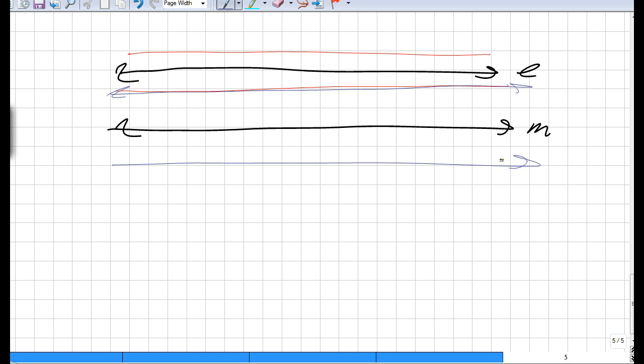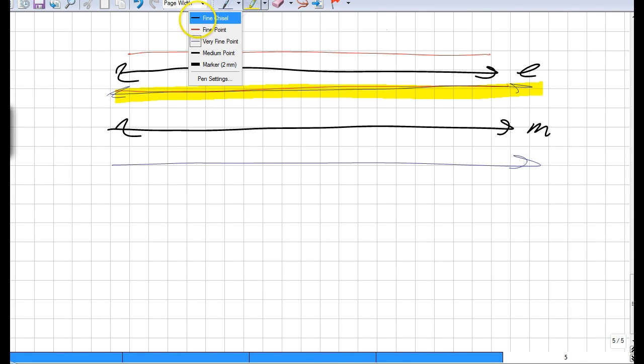And so in that case, we have this line right here that meets both conditions. So if L and M are exactly 3 centimeters apart, there would be one line.